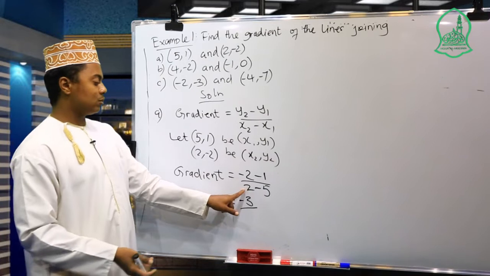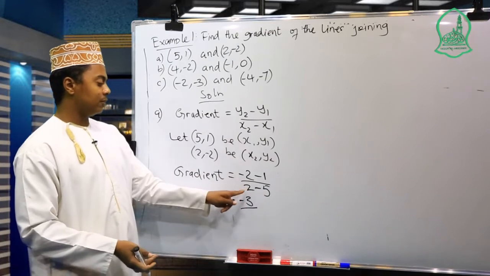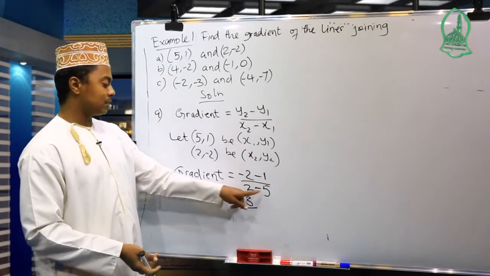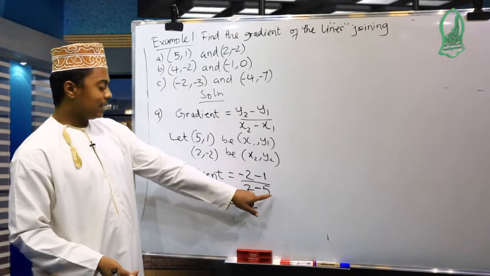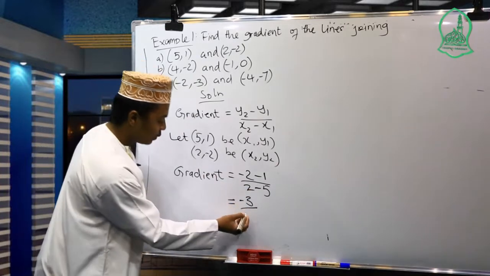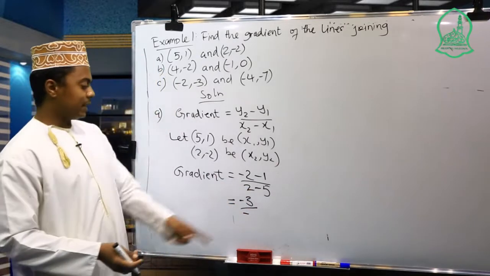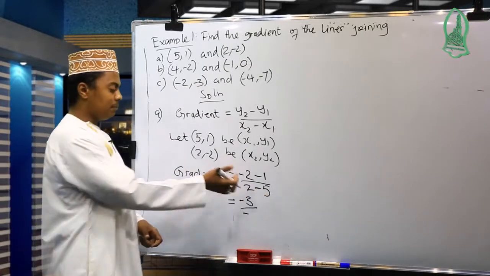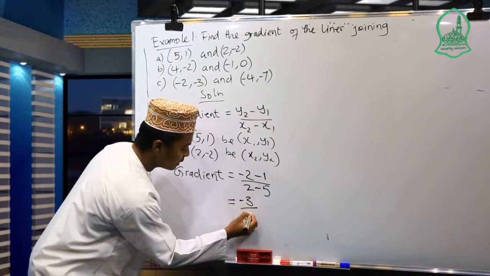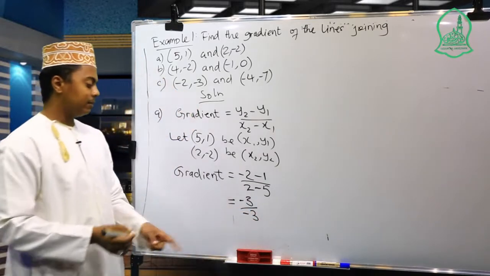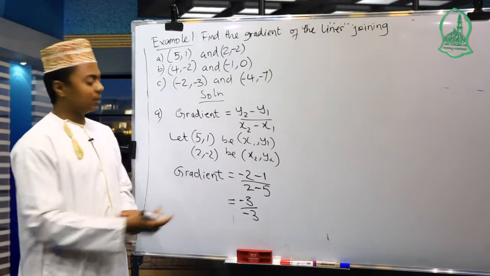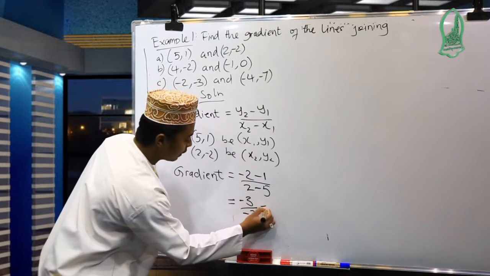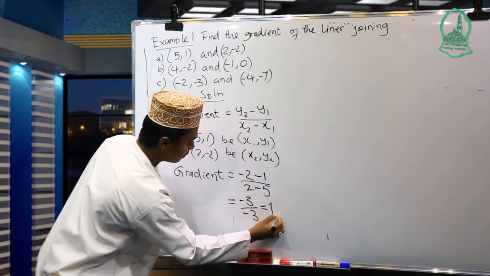Because 2 is a smaller number compared to 5, but we need to subtract 5 from 2, here we have to start with a negative. Then 5 minus 2 is 3, or simply, 2 minus 5 is negative 3. Negative 3 over negative 3 equals 1.